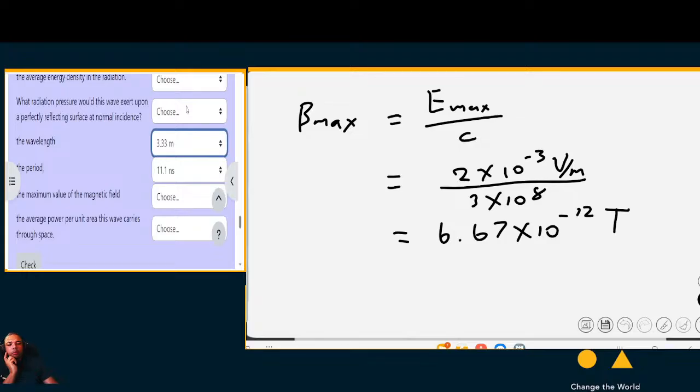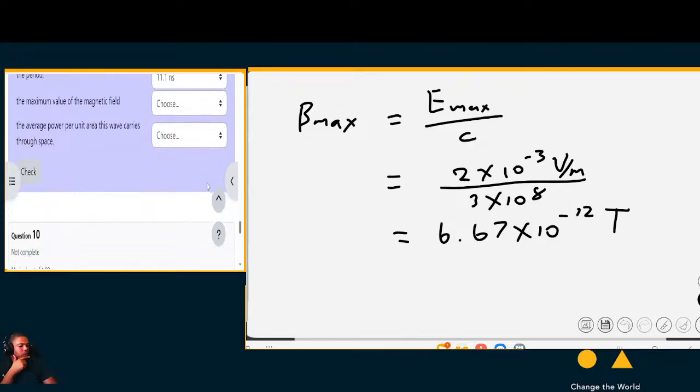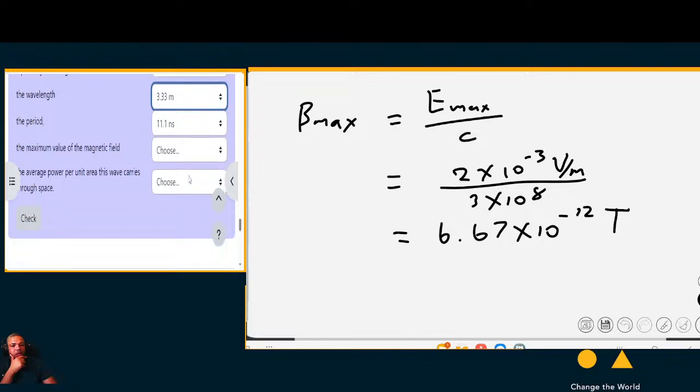This is the peak magnetic field, 6.67 picotesla. Remember negative 12, so picotesla. The maximum value of the magnetic field is 6.67 picotesla.